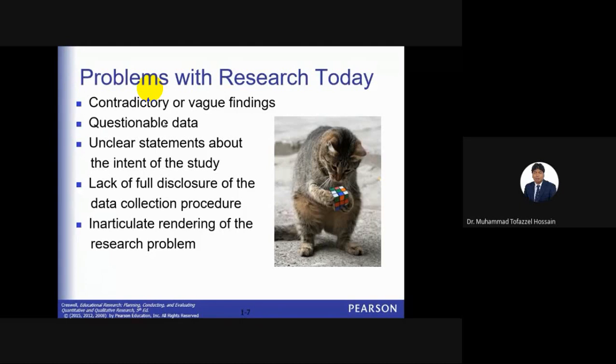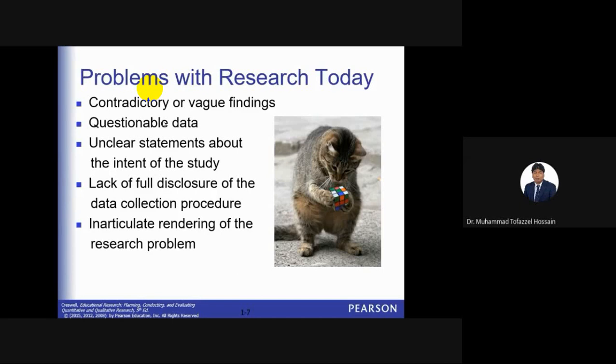So we should not do like this. The last point, inarticulate rendering of the research problem, means your statement of the problem, SOP. Research problem should be articulated and stated properly, so that the problem is clear to everyone.